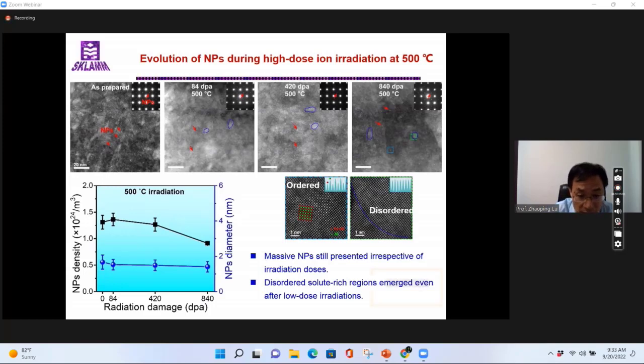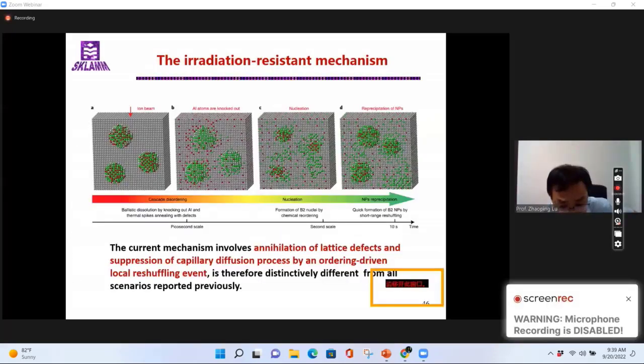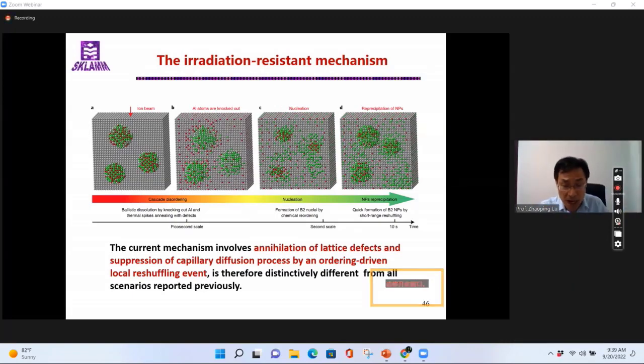Very important, some disordered solute-rich regions emerge, totally different from our previous scenarios. We make the best use of this fast precipitation kinetics to produce this dynamic ordering and disordering process. By doing so, we can obtain superior irradiation tolerant materials.